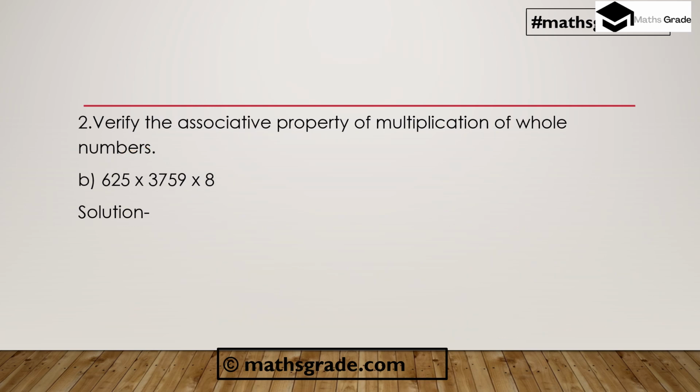Now question number second, bit B. 625 multiplied with 3759 multiplied with 8. We have to verify the associative properties of multiplication of whole numbers. We know 625 multiplied with 8 is 5000. 625 multiplied with 8: 25 times 8 is 200, 8 times 6 is 48, so 5000.